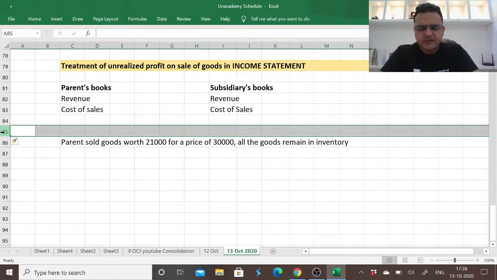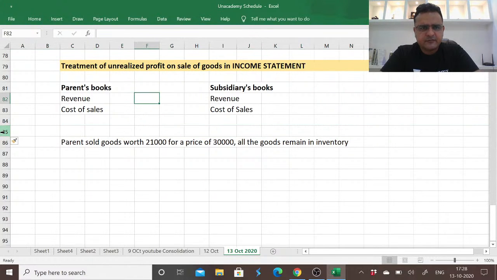So when they sell to each other, what is the impact of it? The cost of sales of the parent was 21,000. They sold it for 30,000, which becomes the purchase price for subsidiary.